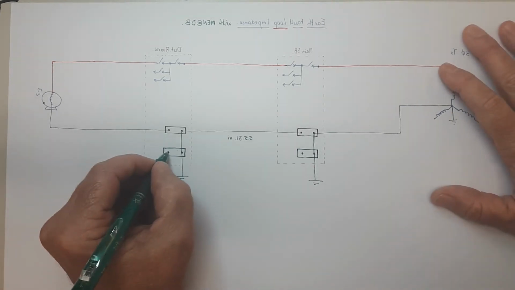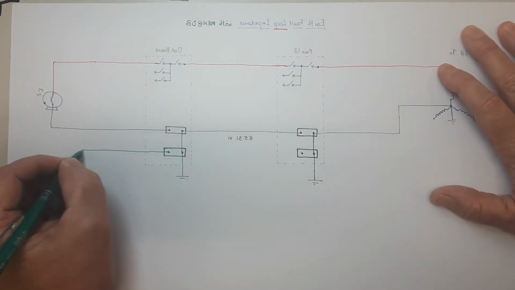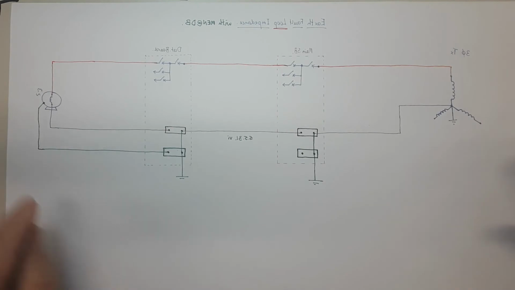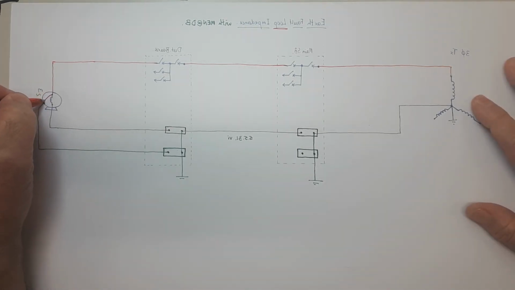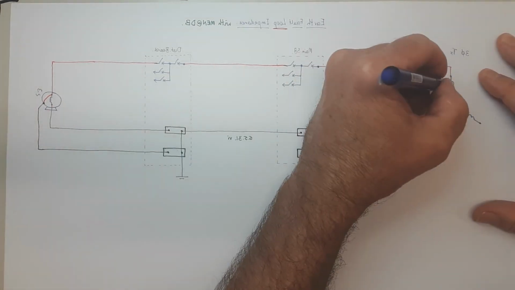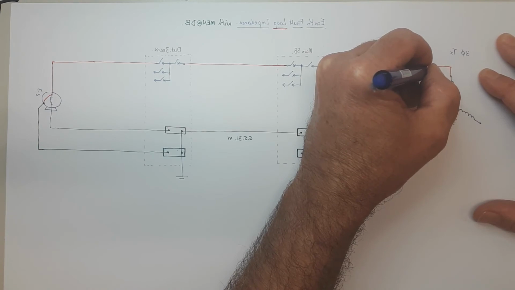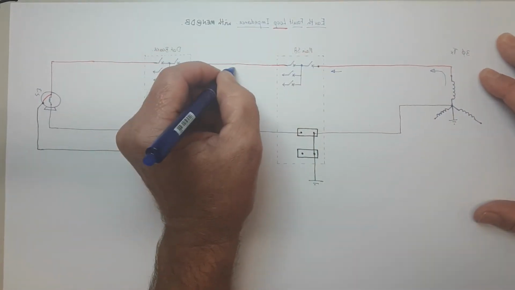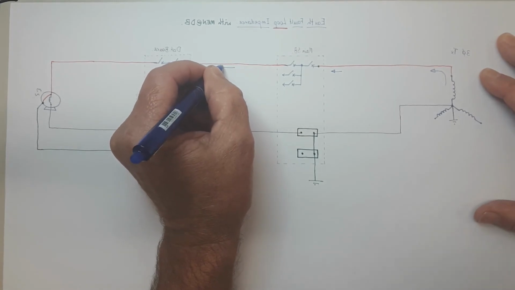Now of course we've got to run an earth to this motor, and so there it is, the earth to there. Now when there's a fault on this motor and the active comes in contact with the frame, that's going to cause a fault. So your fault current is going to flow from here down your actives to the main switchboard, and of course it's got to flow all the way back, otherwise there'll be no current.